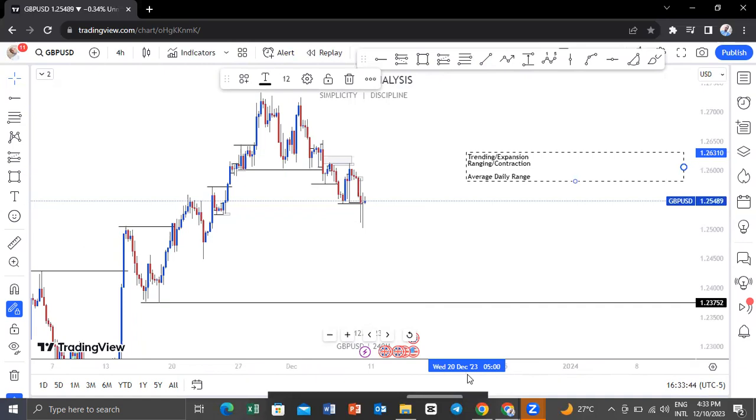Different pairs have different amounts of pips, like a range that they can do for a day. Like I've told you, gold can do like 200 pips in a day. GU can do less, maybe around 80 pips. So understanding this ADR will help you understand when to hold and when to close a trade.